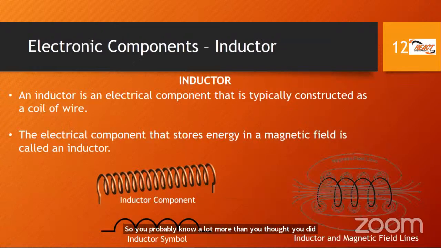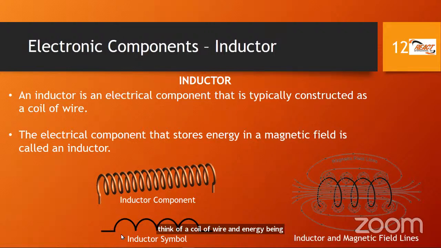All right, so let's reintroduce the idea of what an inductor is, because we're coming to transformers shortly, and transformers contain coils or inductors. Essentially, it's a coil of wire. So when you see inductor or inductance, just think of a coil of wire and energy being stored in magnetic fields.